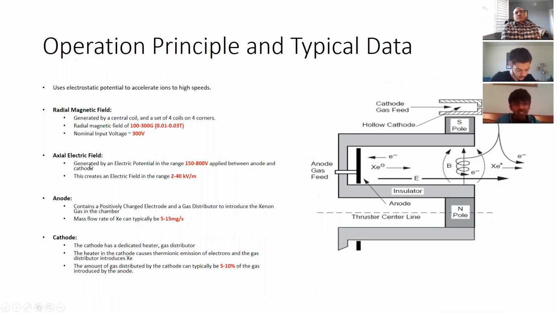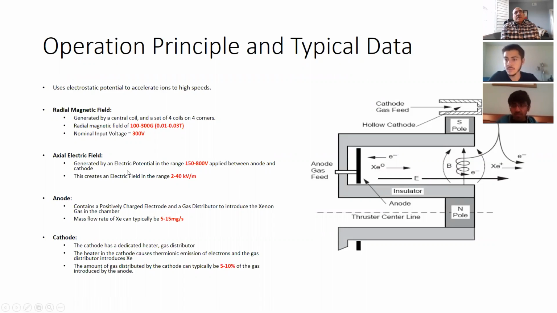The next few important things to note are about the axial electric field. It's generated by an electric potential in the range of 150 to 800 volts. You can apply this range because it depends on the power of the Hall thruster. In our case, the input discharge voltage is about 350 volts.